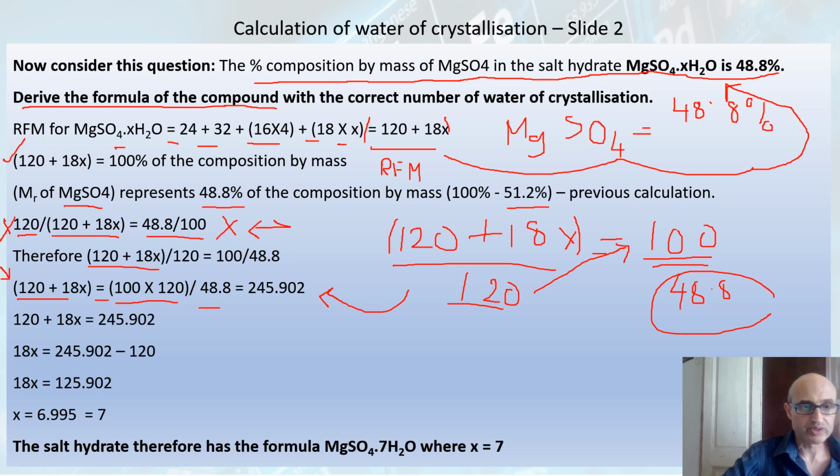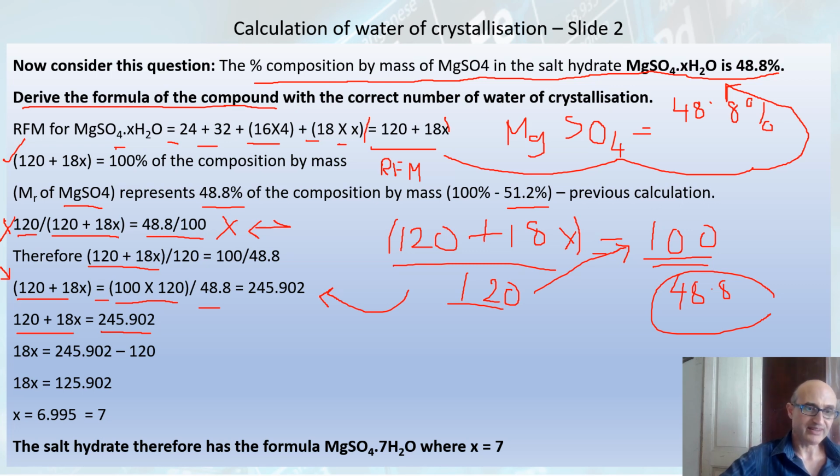So when I work all that out, and you should have a calculator next to you, 120 plus 18x is equal to 245.902. Notice that we are getting to an algebraic problem solution. It is very easy now to guess what's next.